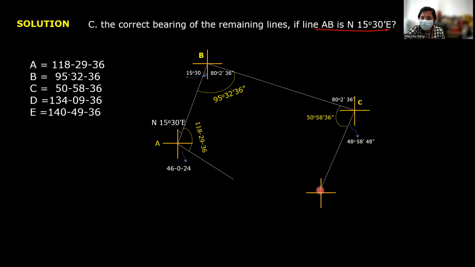Okay, so we draw our next line. If this is 48, again, this is the forward bearing B to C. Therefore, this small angle here is also equivalent to 48 degrees, 58 minutes west.